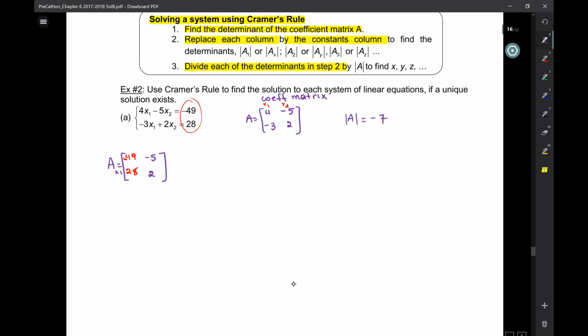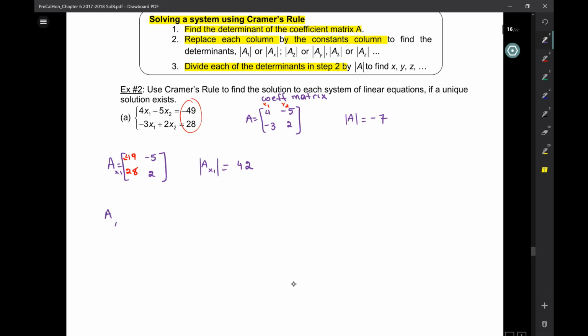Now let's find this determinant. Now we find the determinant. So that's going to be how much? 42 sounds good.